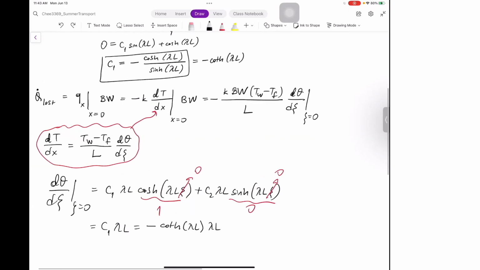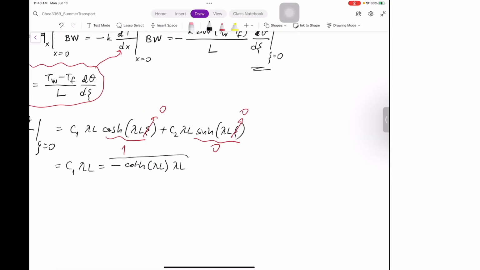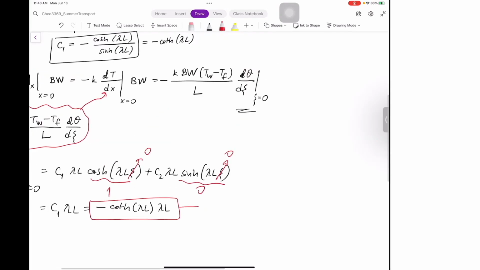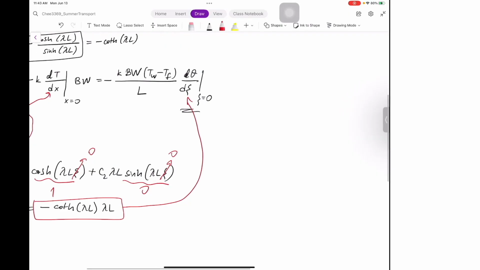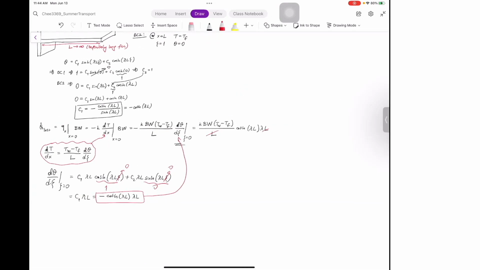And we plug it in here: k B W T wall minus Tf over L times cotangent hyperbolic lambda L times lambda L. The L's cancel.